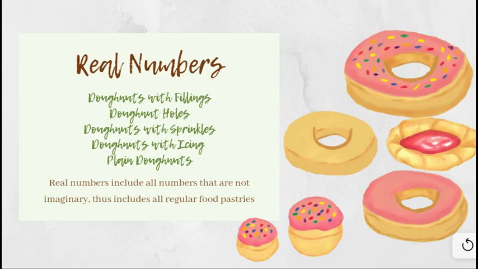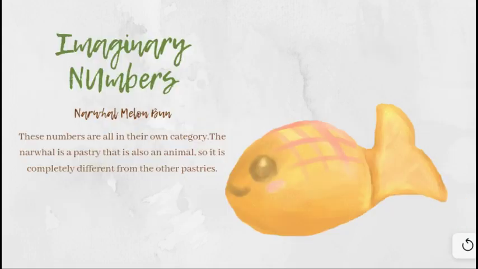Now, real numbers are all of these lovely things here. It's kind of like you consider donuts, so they include all of this stuff. Now, we're going to go over to imaginary numbers. Imaginary numbers are all in their own little category, completely different from everything else. To conceptualize this, I made it a narwhal melon bud.